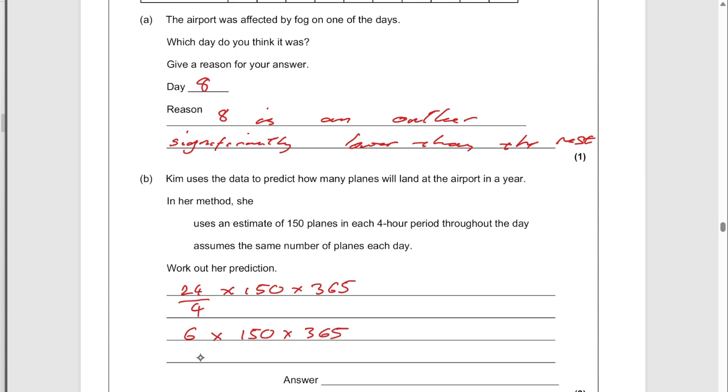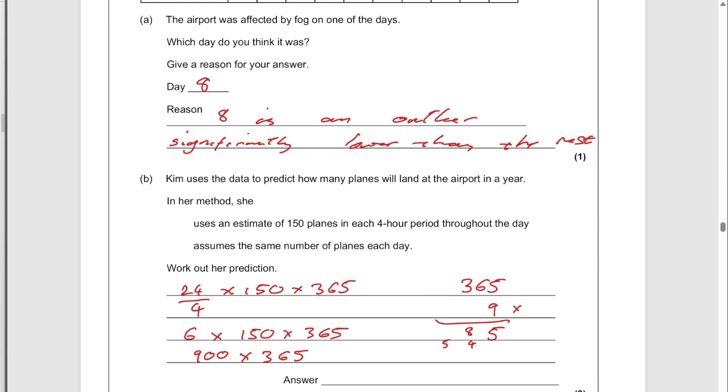6 times by 150 would be 900. So I want to do 900 times by 365. To make that an easier multiplication for myself, I'm just going to treat it as 365 times by 9. So 9 times by 5 is going to be 45. 9 times by 6 is going to give me 54, plus the other 4 is going to be 58.